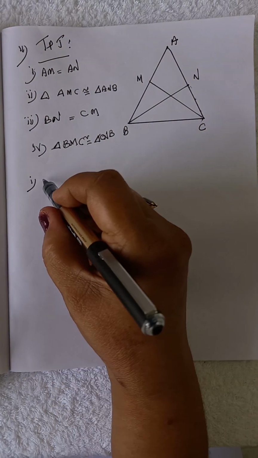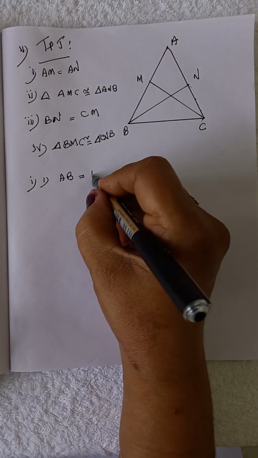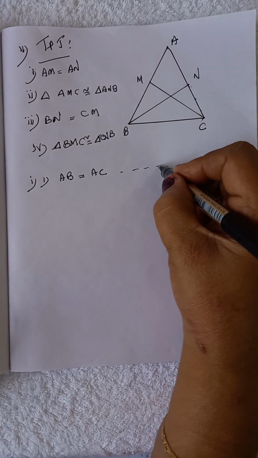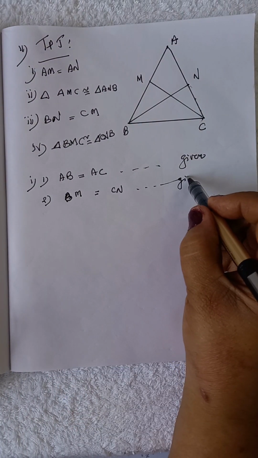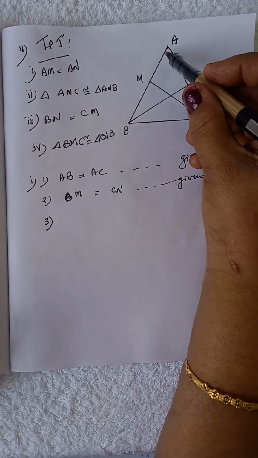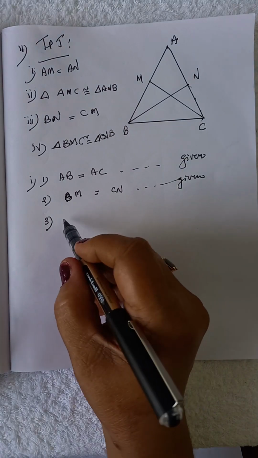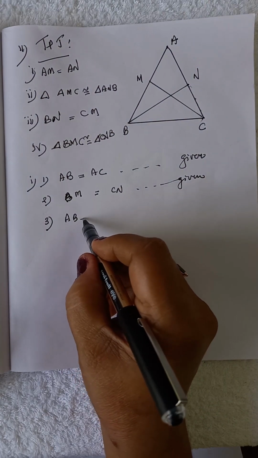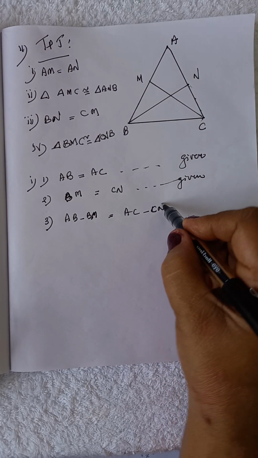First question, here the first point we can take is AB, which is given as equal to AC. So the reason we can write as given. Second point, there also the reason is given. Now third, this total is AB. AB minus BM will get AM. So we can write AB minus BM, AC minus CN.